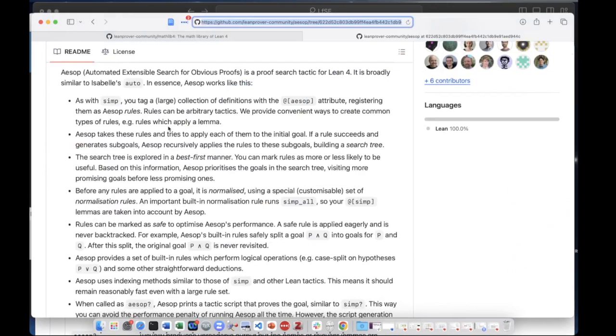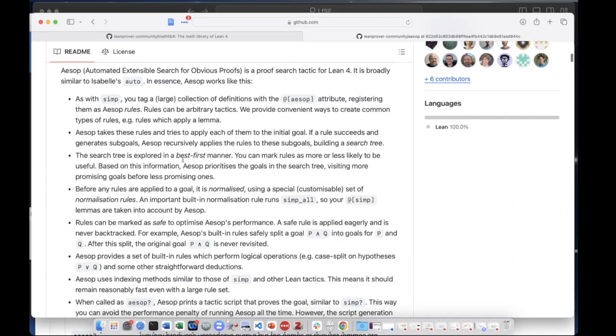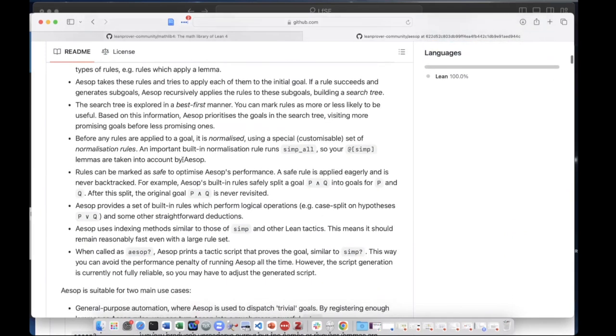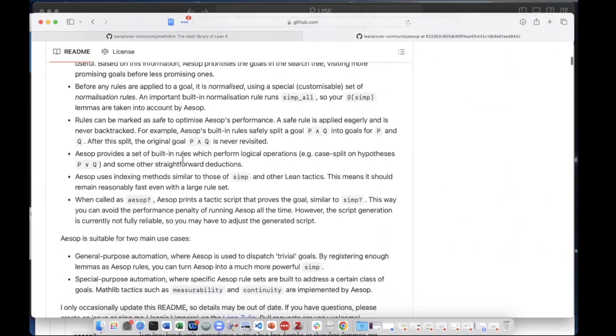It is similar to simp, and it builds a search tree, applying rules recursively to the subrules, and does a search. So you can read all about this type of automation tactic stuff.